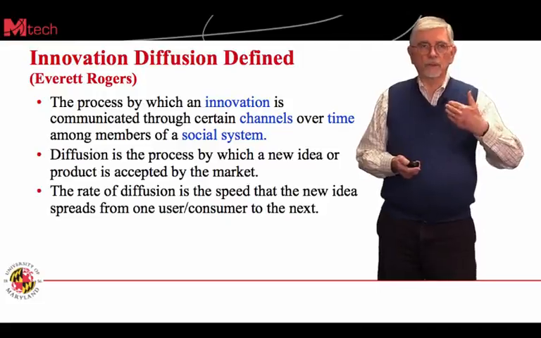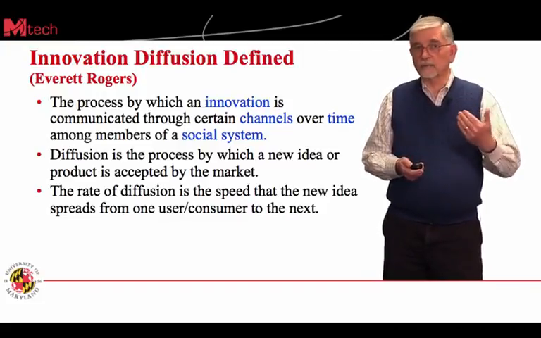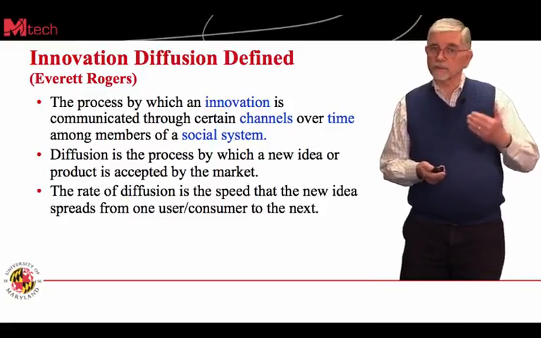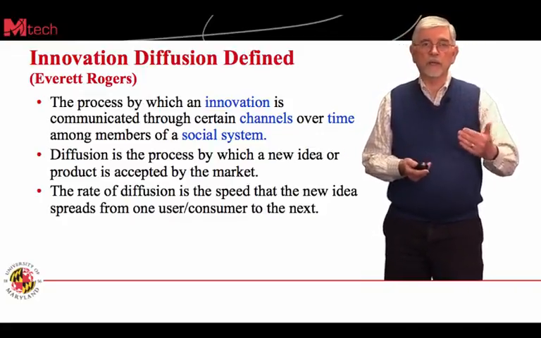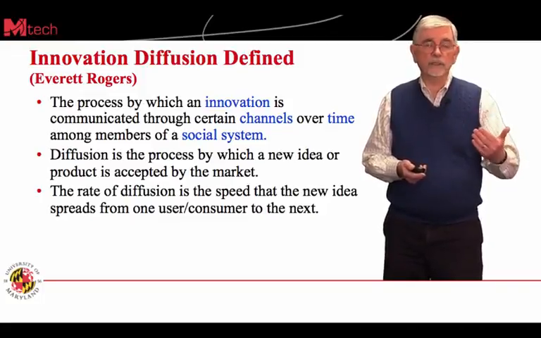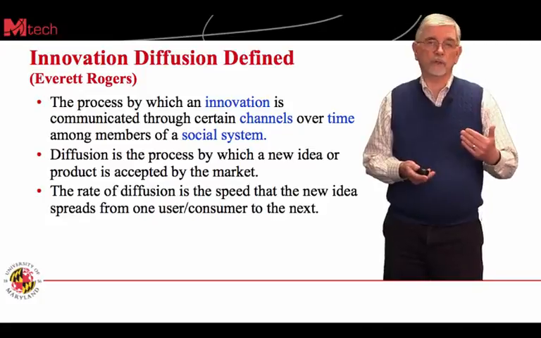And so what he studied was the process by which an innovative agricultural approach, maybe it was the use of seeds, maybe it was the use of planting techniques, maybe it was the use of some harvesting techniques, how that idea spread among various people in a farming community.